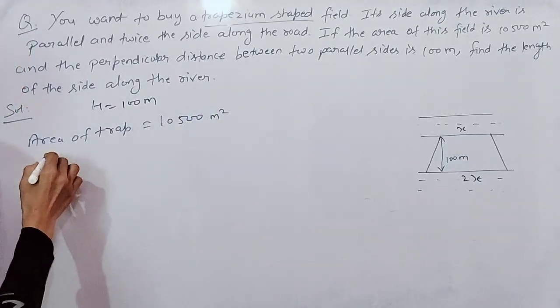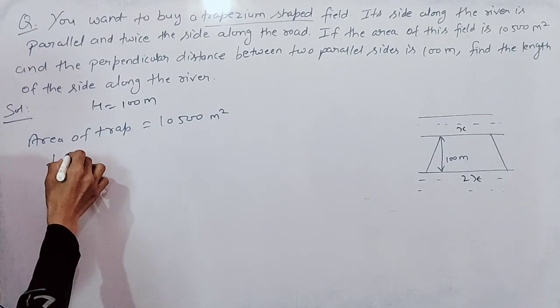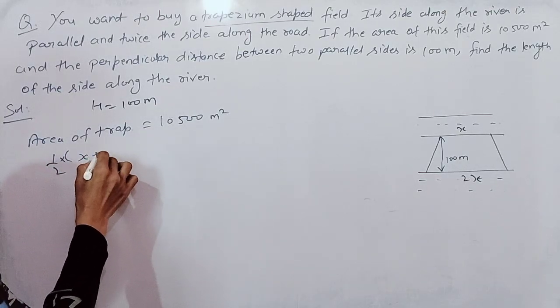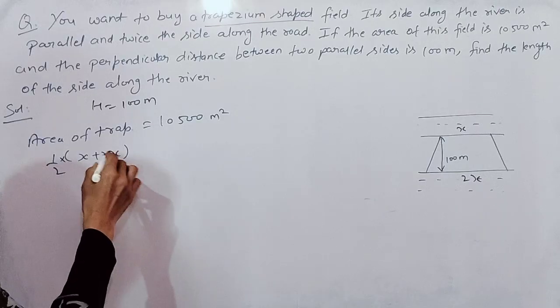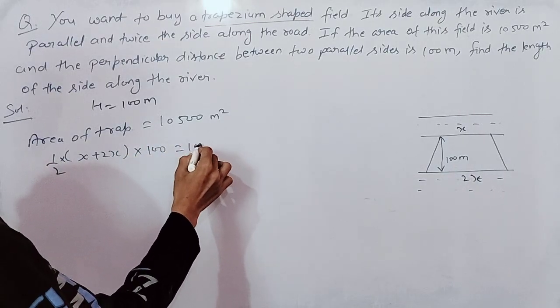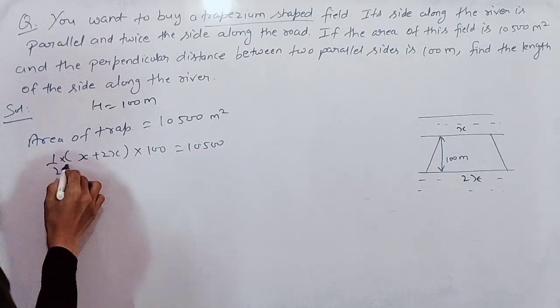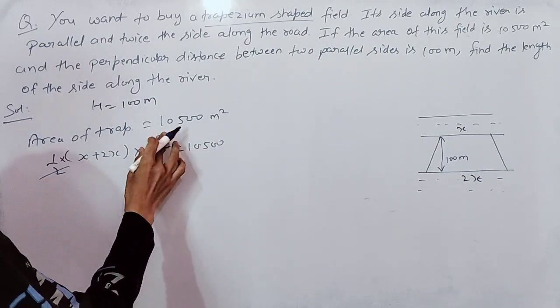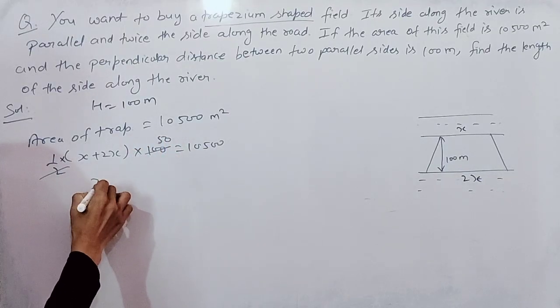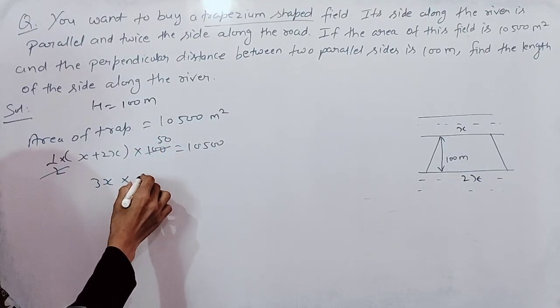Now 1 by 2 times the sum of parallel lines would be x plus 2x, multiplied by height 100, is equal to 10,500. Half of 100 is 50. This is 3x multiplied by 50.